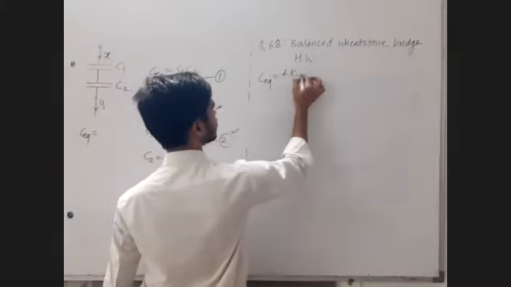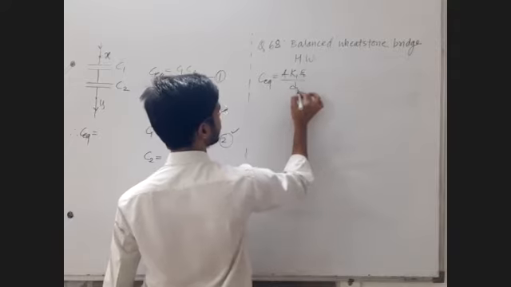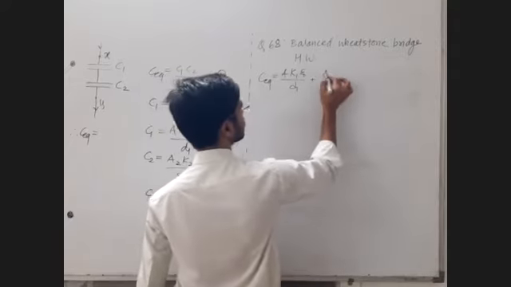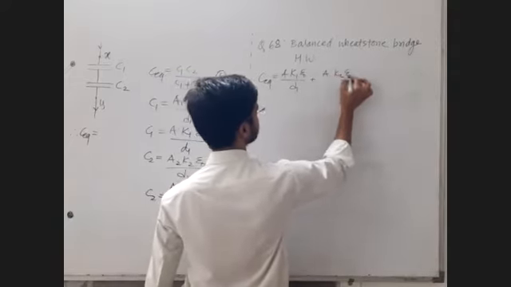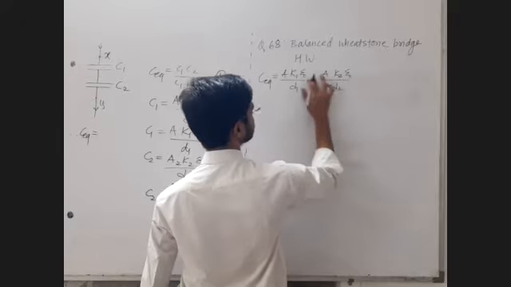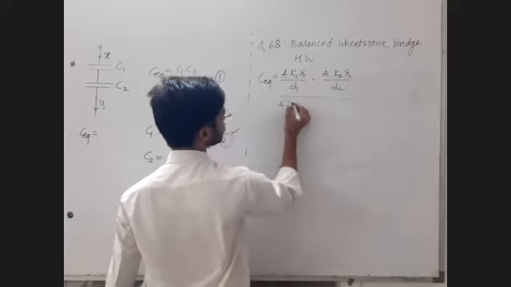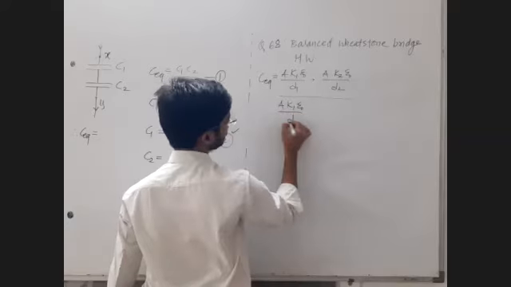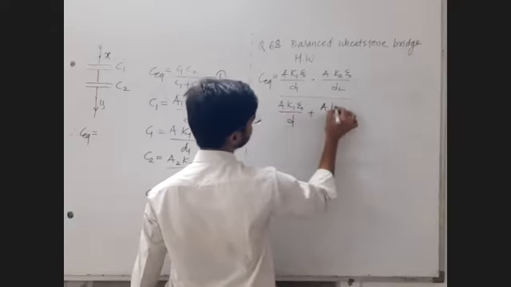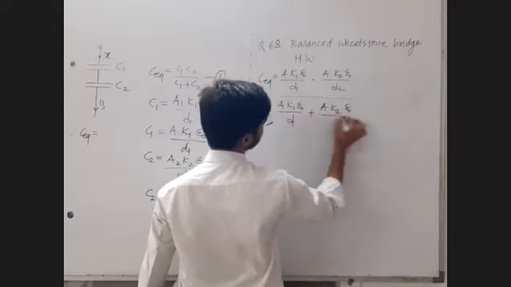C1 is A K1 epsilon 0 upon D1, plus A K2 epsilon 0 upon D2.